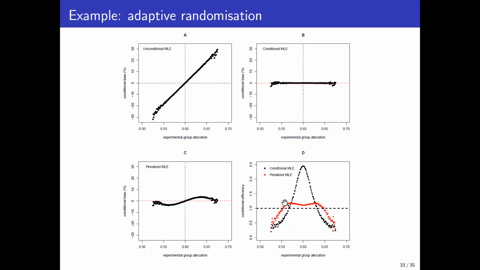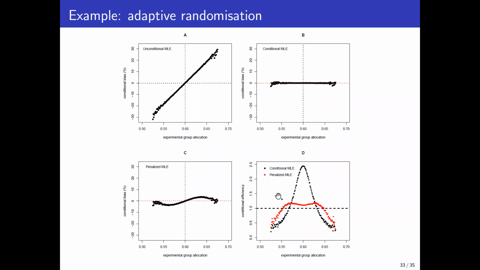The scale on which this is measured, values greater than 1 mean that the estimate is less efficient than the standard unconditional MLE. So as we said earlier, the conditional MLE can be quite inefficient for typical realizations of the design and more efficient for atypical realizations.